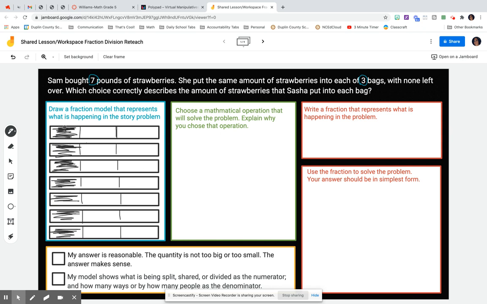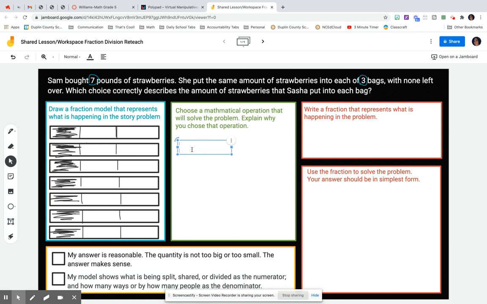So let me move to the next step. The next step says, choose a mathematical operation that will solve the problem. Explain why you chose that operation. So I've got 2 reasons in my mind right now.